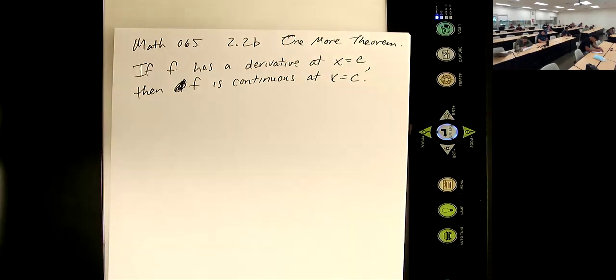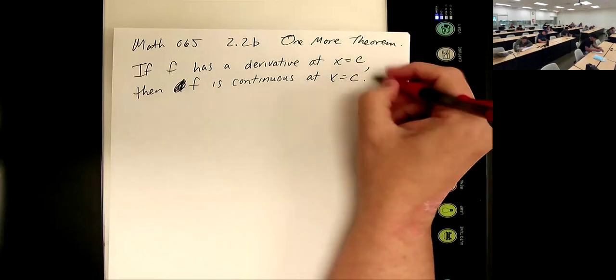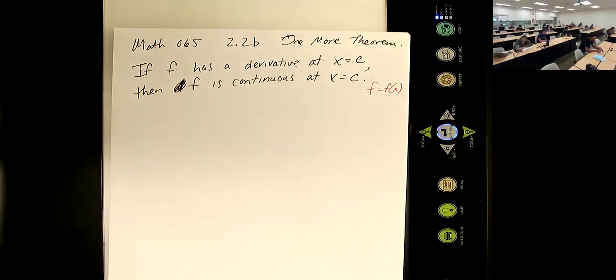And this is a notation: f here is f of x. You start getting lazy, and at some point you're just willing to accept f means f of x.